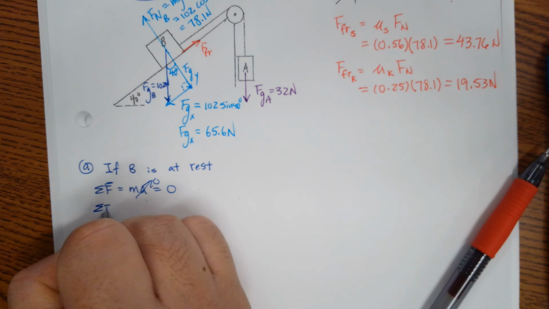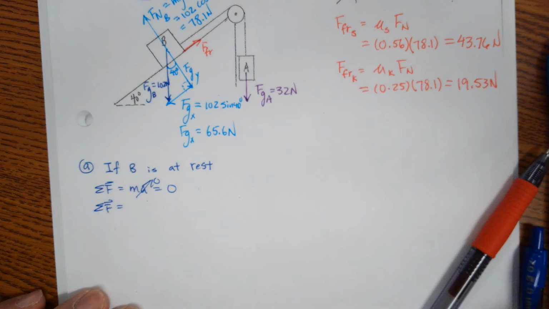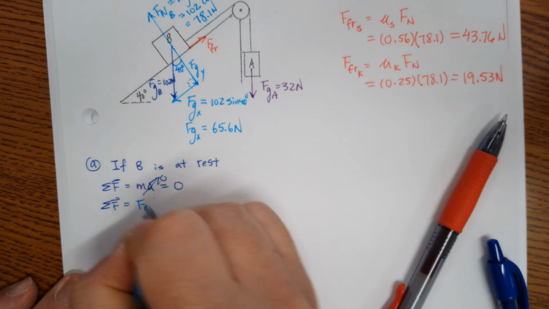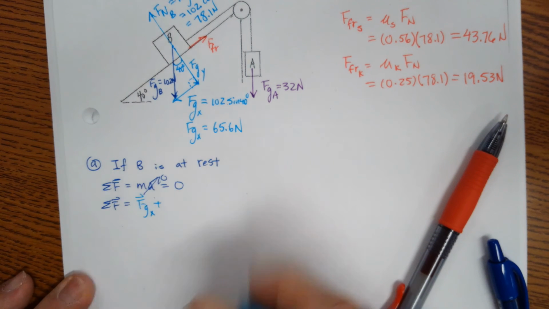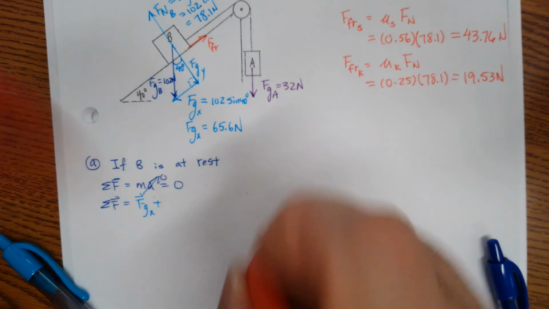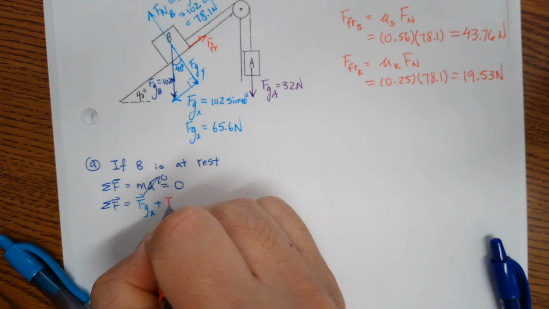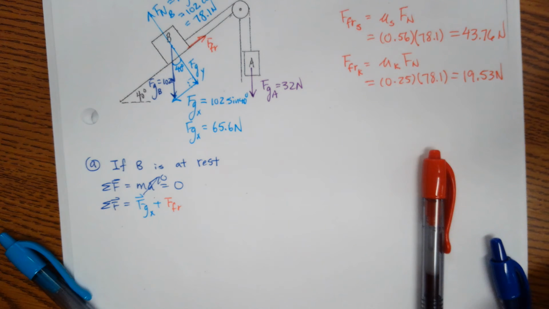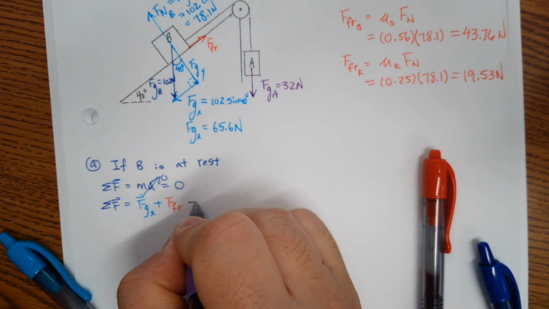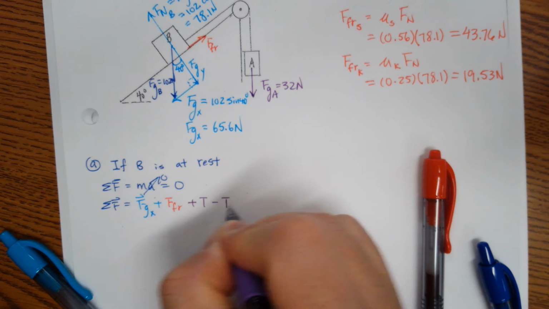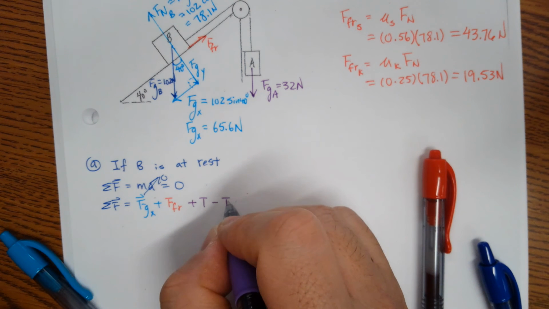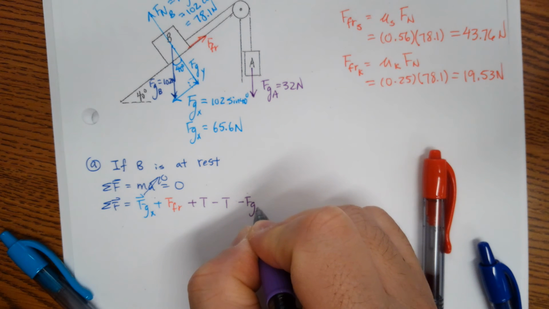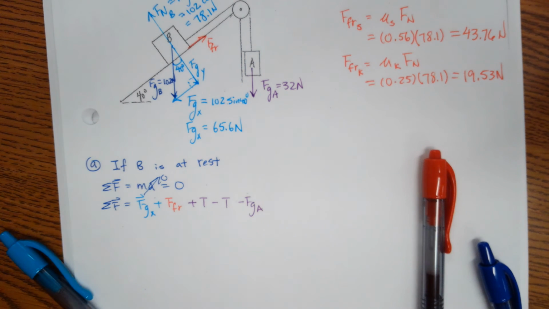So the sum of all force is equal to FGX plus friction, plus tension, minus tension, minus FGA.